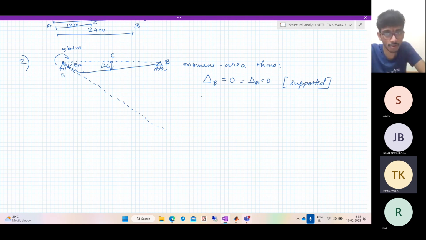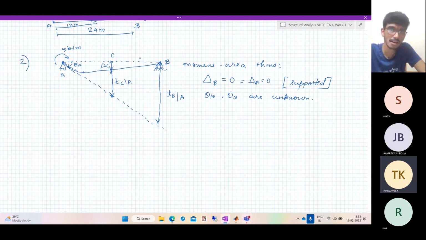Slope at the point A and slope at the point B are unknown. But can we get it? What is this quantity? It is the deviation of the point C with respect to the tangent drawn at the point A. Similarly, this quantity is the deviation of the point B with respect to the tangent drawn at A. Now I hope you have got the trick. So what is the relation between TCA and TBA?